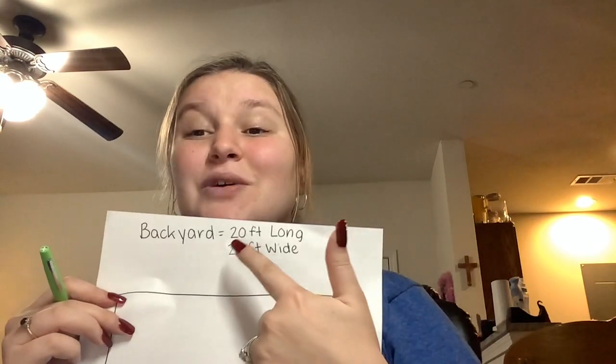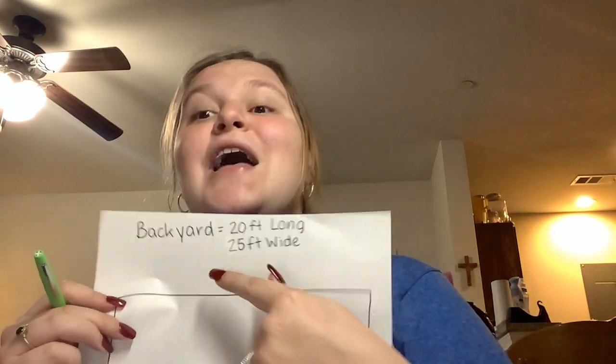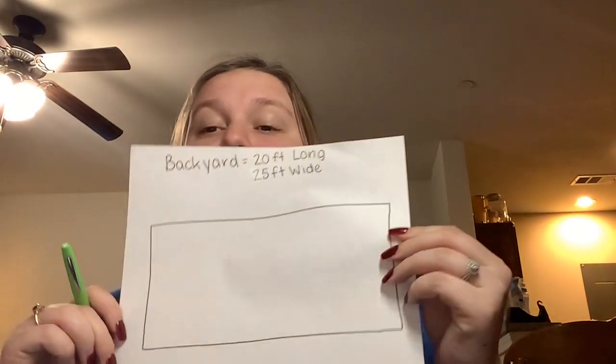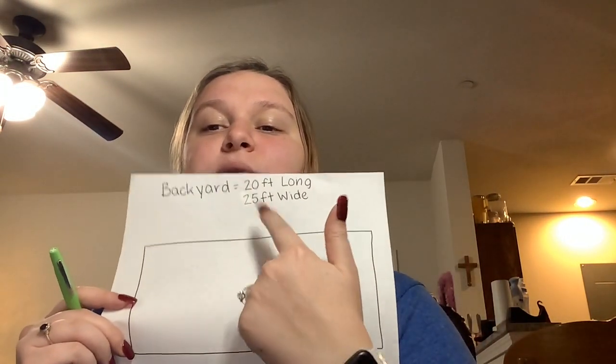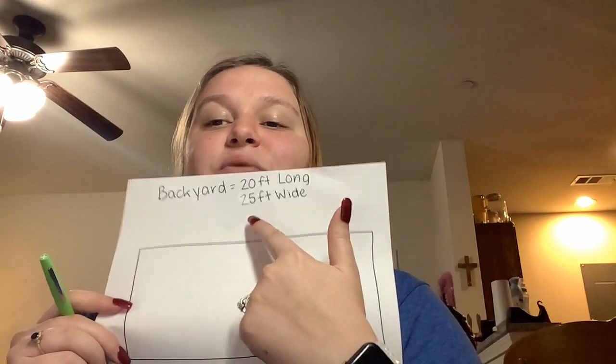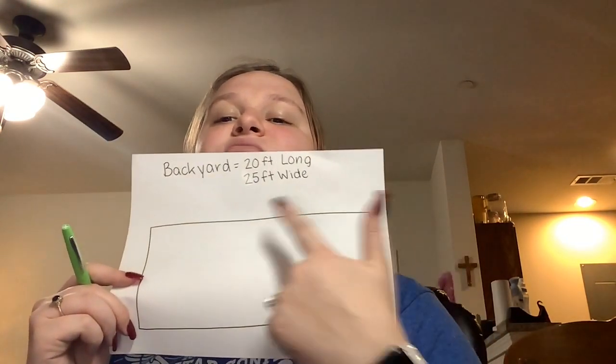Okay, so my backyard, it says at the top of your paper, now this is where those numbers are going to come into play, that my backyard is going to be 20 feet long and 25 feet wide. So, which one is the bigger number, 20 or 25? 25 is, and which is our bigger side?